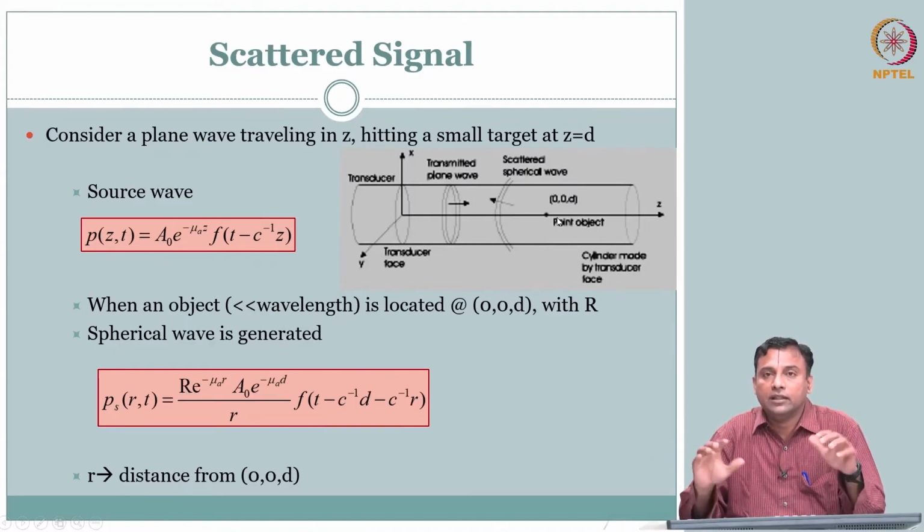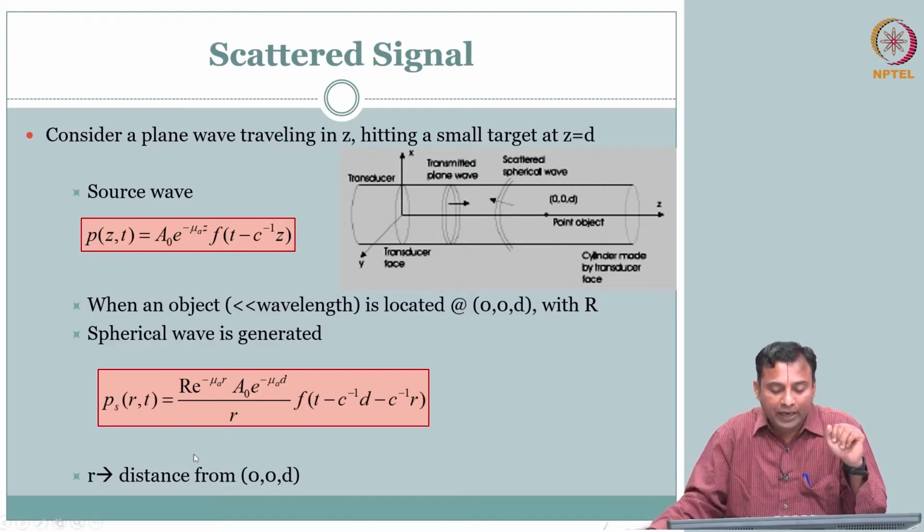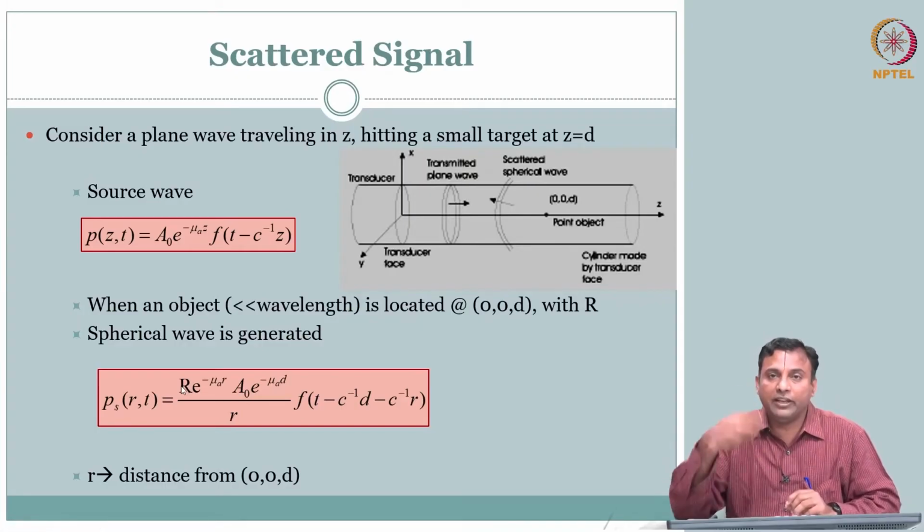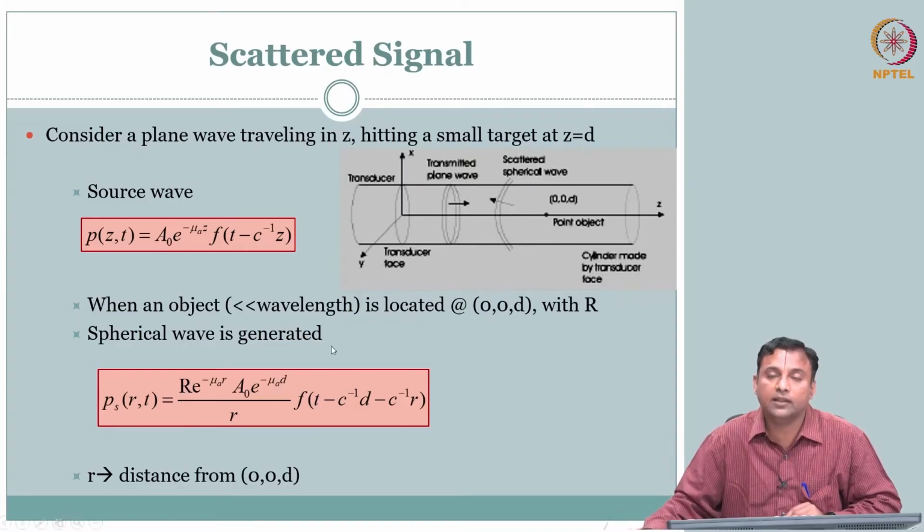So this is the part where we identified the physical meaning of the signals that you are going to record and see in an ultrasound image. It is going to be related to this reflectivity. How is this 3D distribution of reflectivity related to ultrasound? That is what we are going to capture.